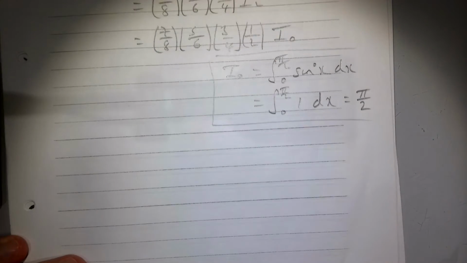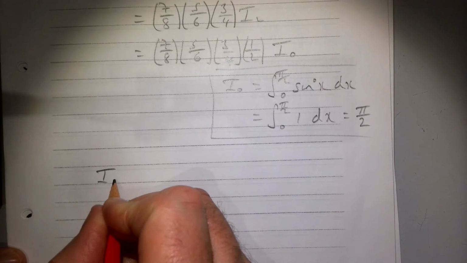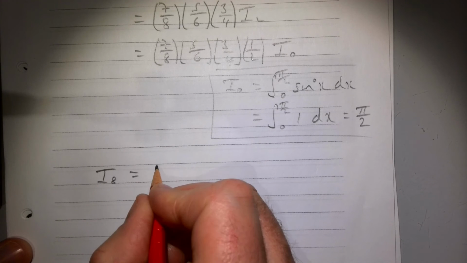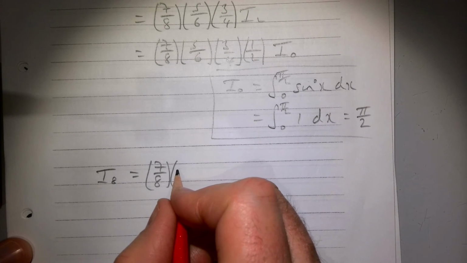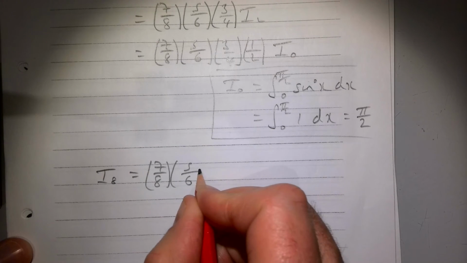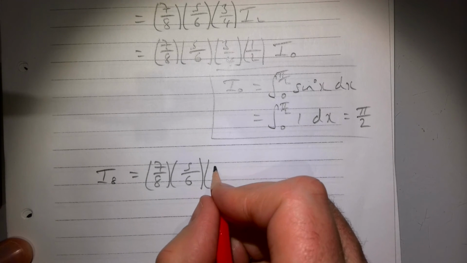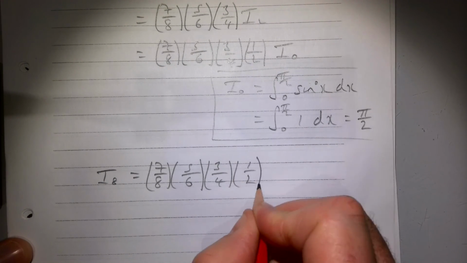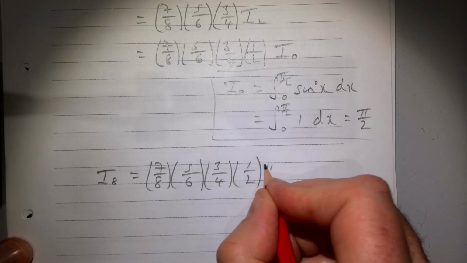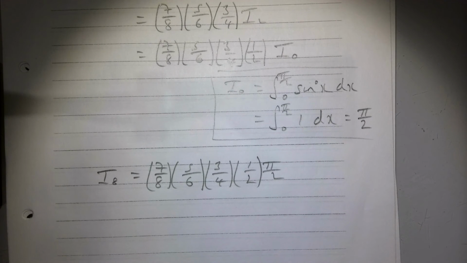Therefore I8 is 7 over 8 times 5 over 6 times 3 over 4 times 1 over 2 times pi over 2.